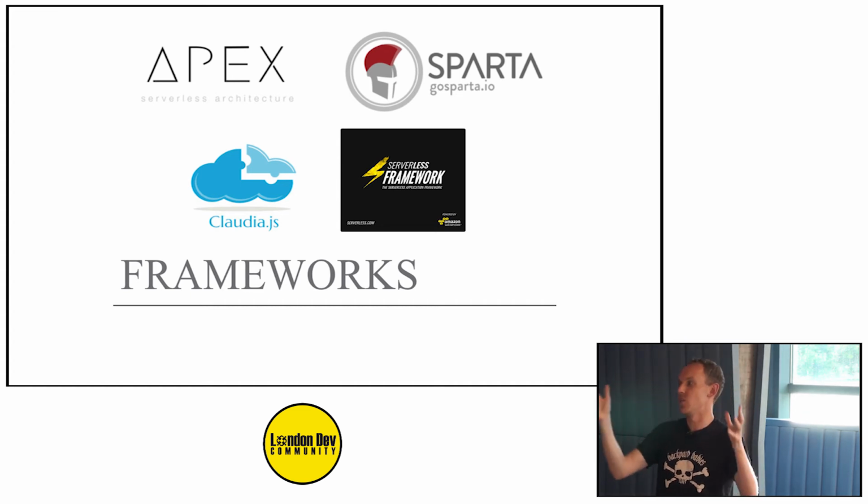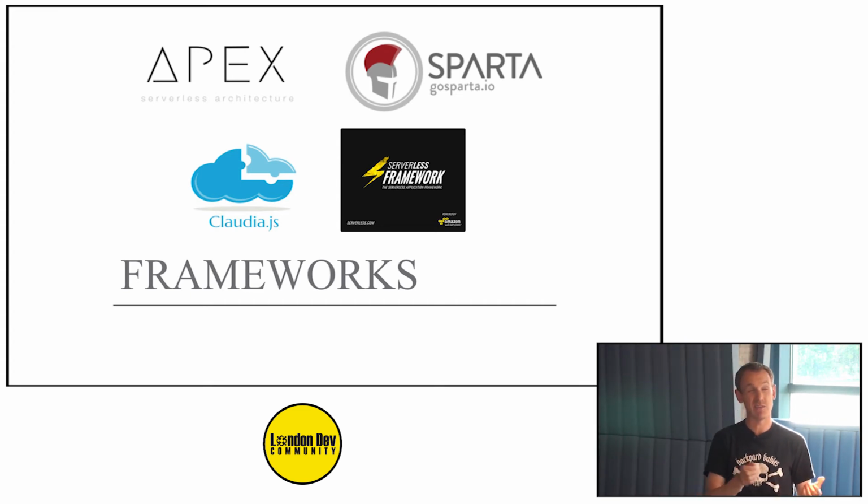So what these do in general is give you some kind of opinionated tooling around the edges of deploying and testing your functions as a service. They basically say, if you write your functions and put them in this kind of hierarchy, so have a folder with the name of your function, and you drop a JSON file with some config in at this level, and you write your function here.